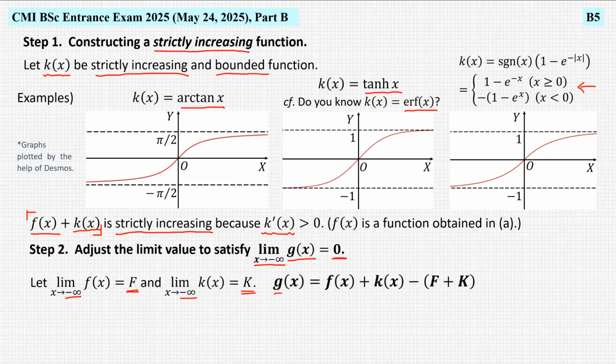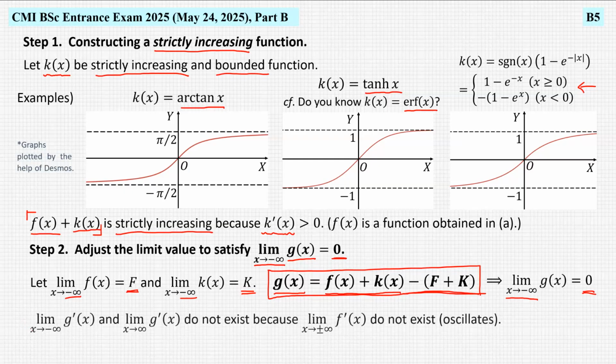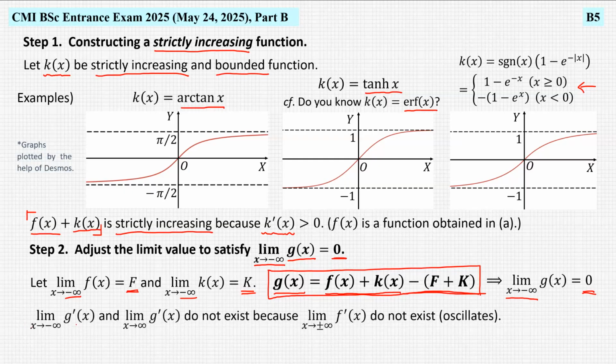Then, if we define g of x as f of x plus k of x minus the sum of those limit values, then this g of x satisfies limit at negative infinity equals 0. By the way, g of x defined in this way also satisfies the limit conditions of its derivative because the f prime of x part of the derivative still oscillates, hence diverges.